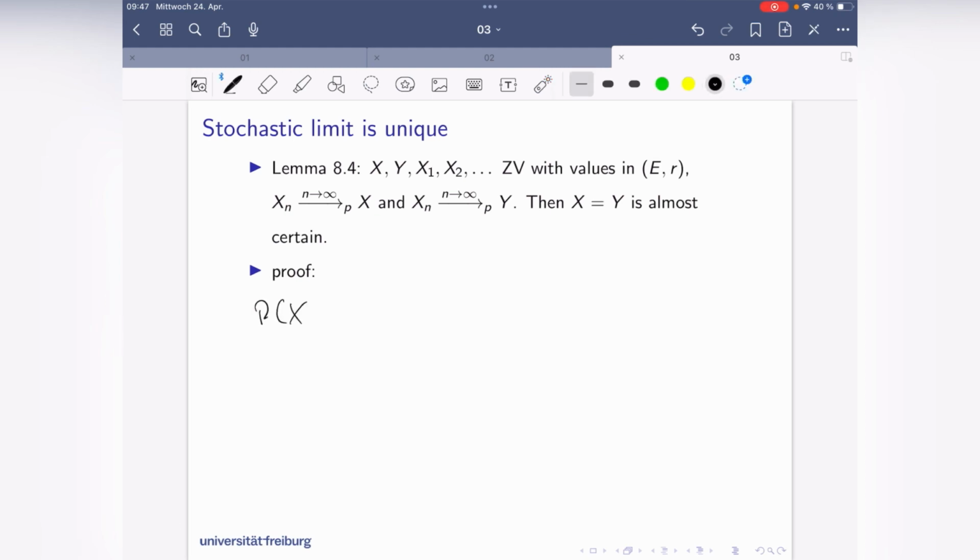I have to show that the probability that x does not equal y must be 0. And I can do it like this, for example. That's the probability that there is some k such that the difference of x and y is bigger than, let's say, 2 over k.